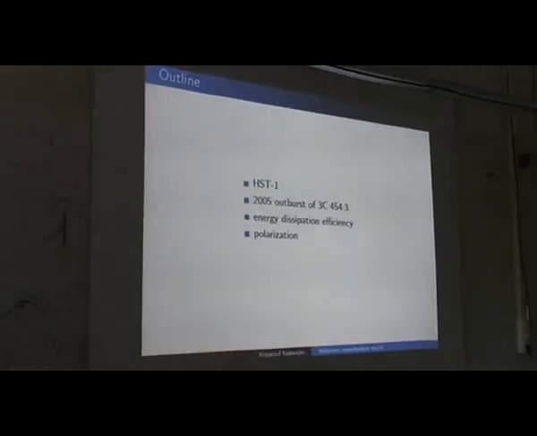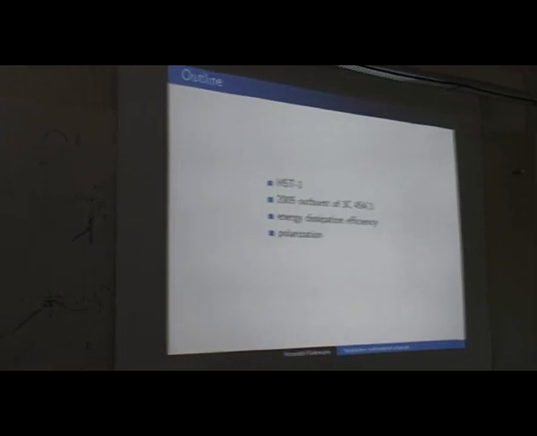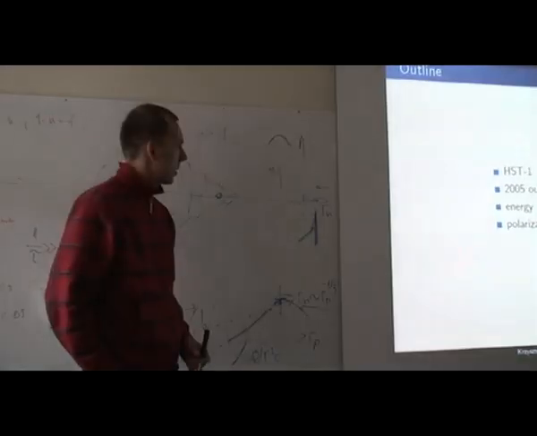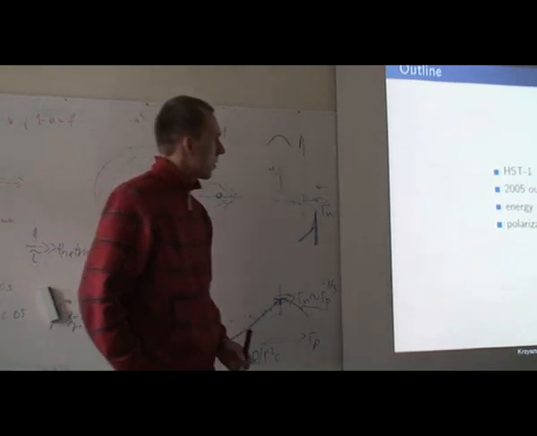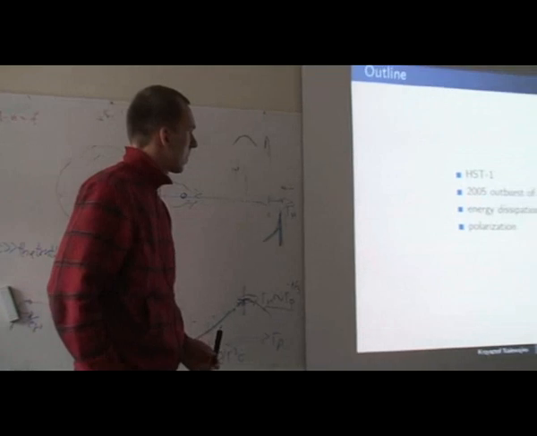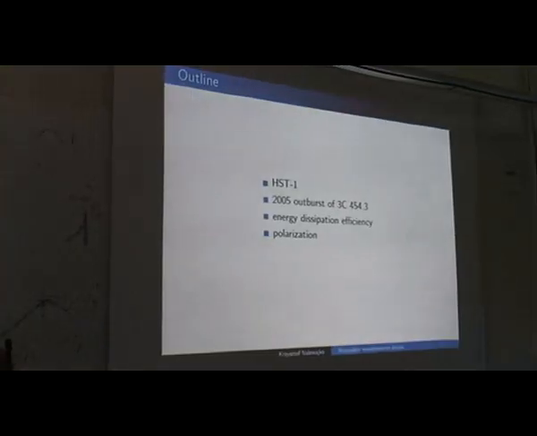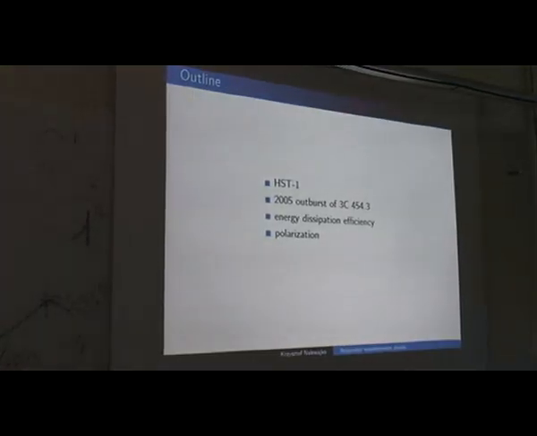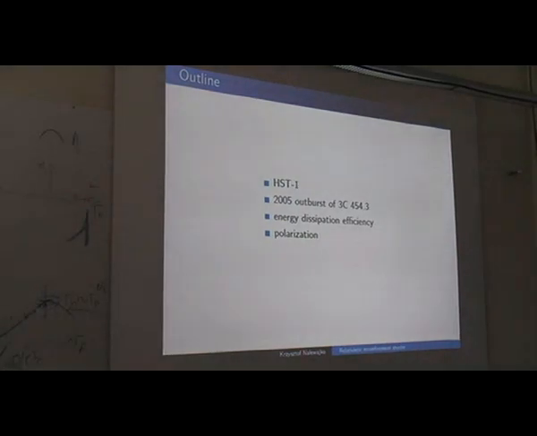The outline is I am going to talk about four issues that have a common context. I will start with a very curious feature called HST1, a feature in a relativistic jet that is actually observed and highly variable.